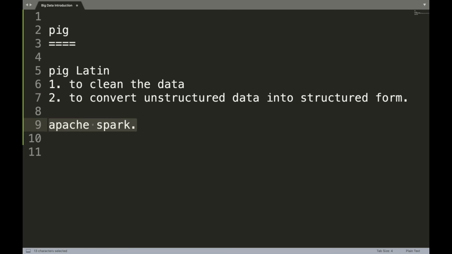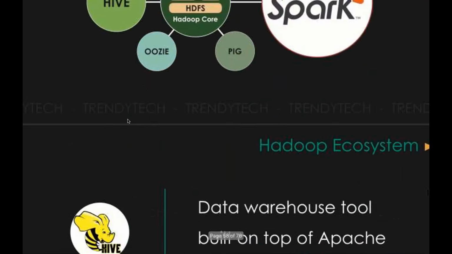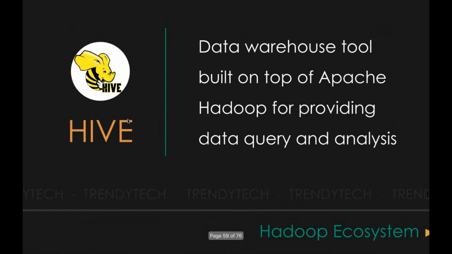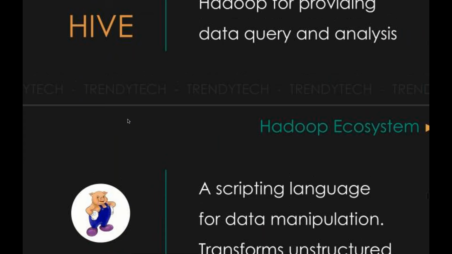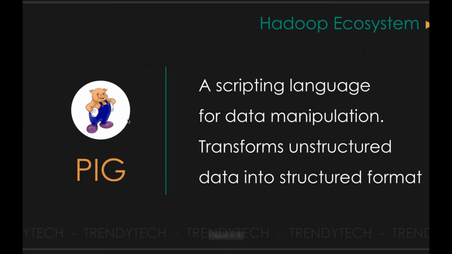Plus, Spark can do a lot of other things also, which we will talk about later. So we talked about Hive, we talked about Pig. Hive is nothing but querying of data in SQL-like format when you do not want to write MapReduce. Pig is to clean the data and convert unstructured data to structured form, mostly not used these days, and Spark can do these things.